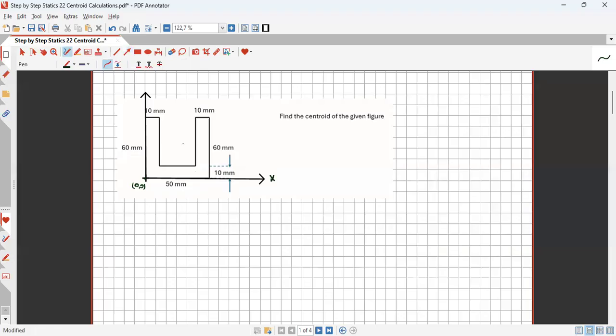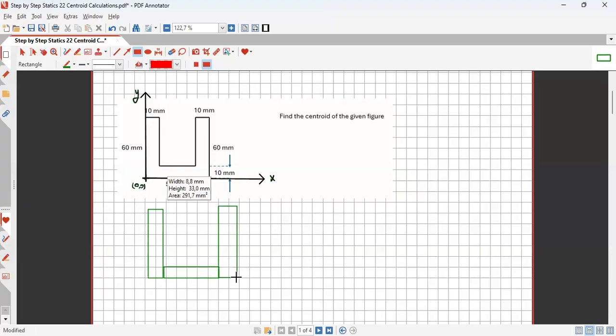This is the x axis and this is the y axis. First of all, we divide our figure. If our figure is a U shape, it means we have three figures that we can draw, which are three different rectangles, like this.